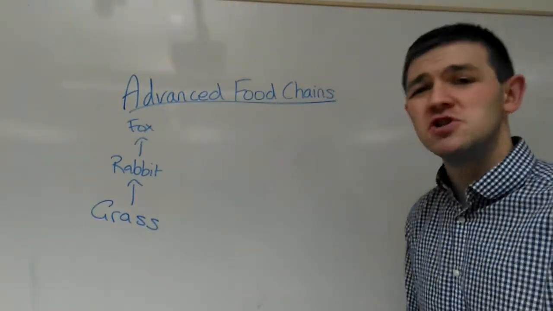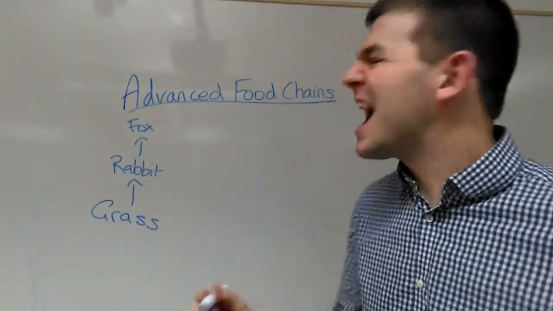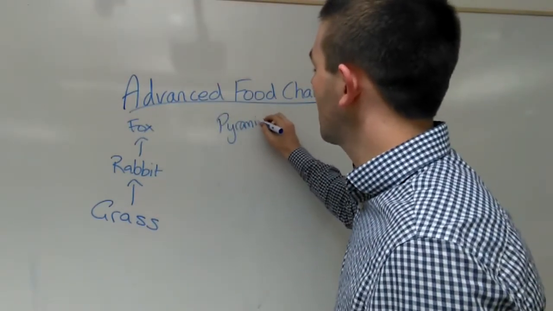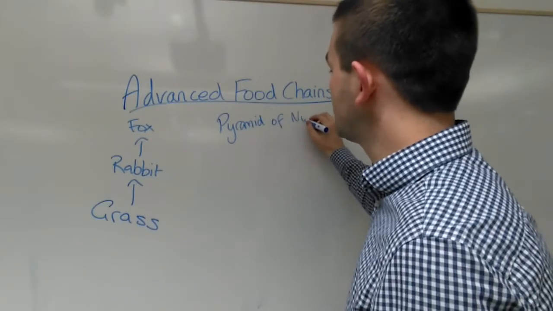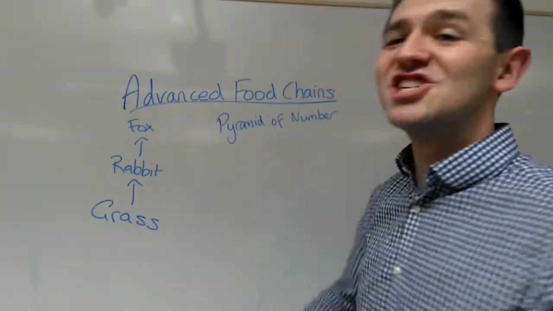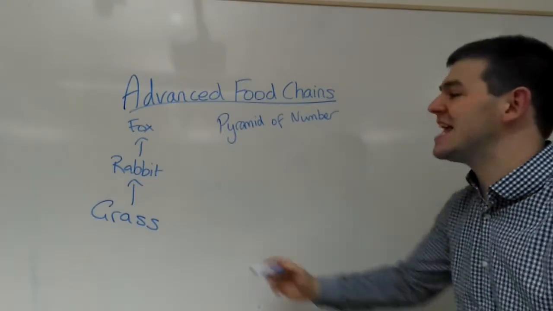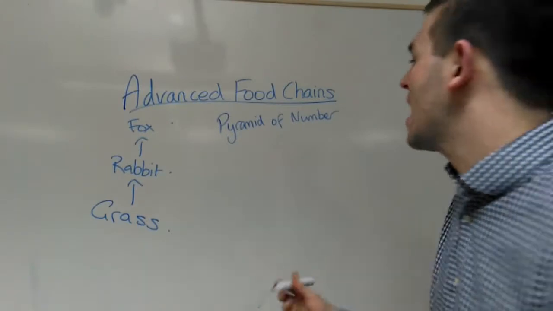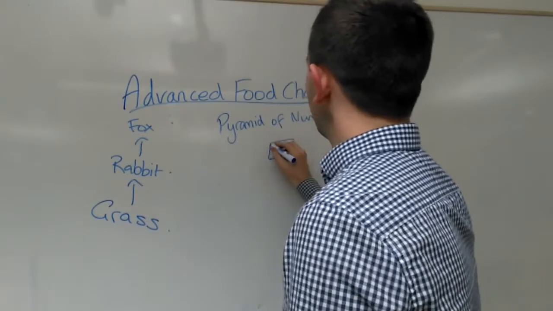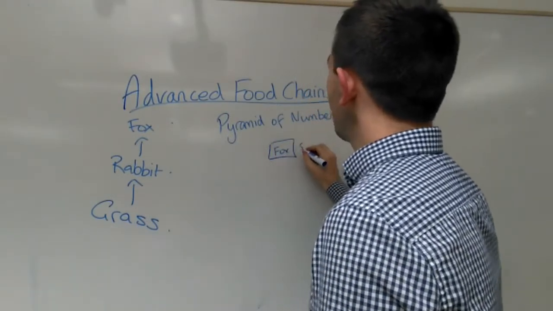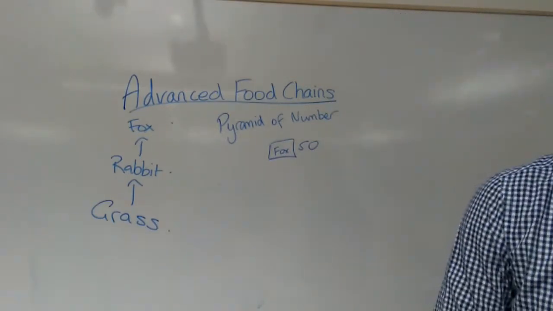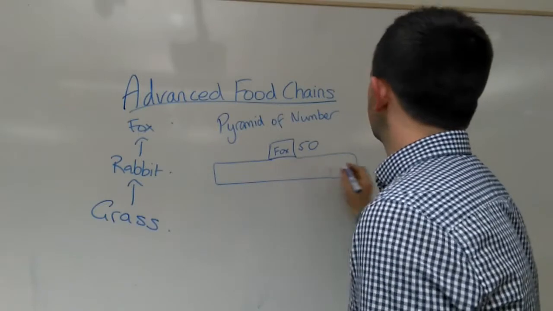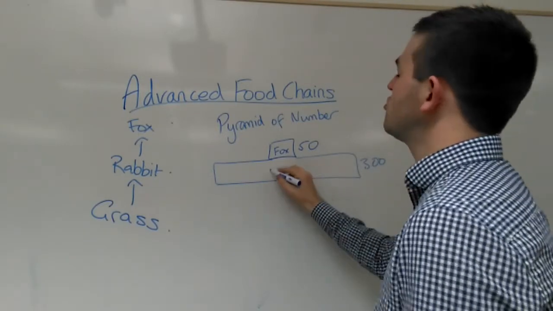What I can also do is, rather than draw a food chain, draw what's called a pyramid of number, and actually show how many live at every step. So I could say, for example, maybe there's 50 foxes, and maybe those 50 are eating, let's say, 300 rabbits.